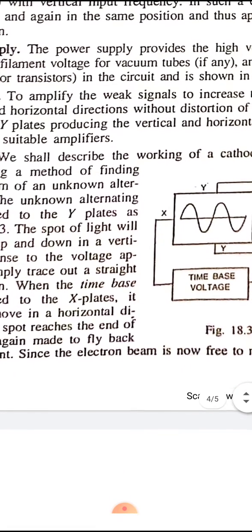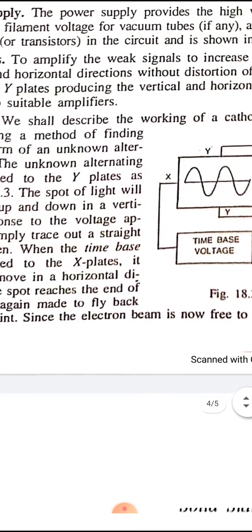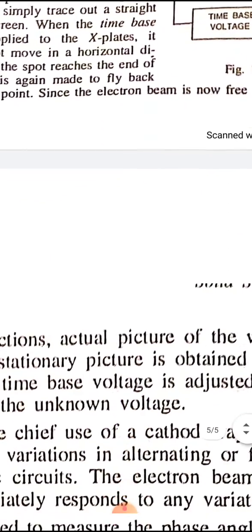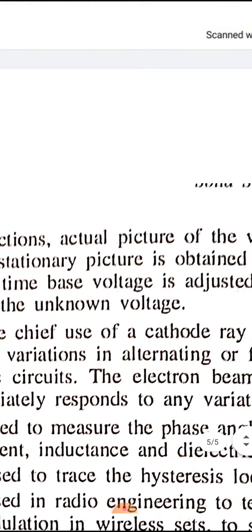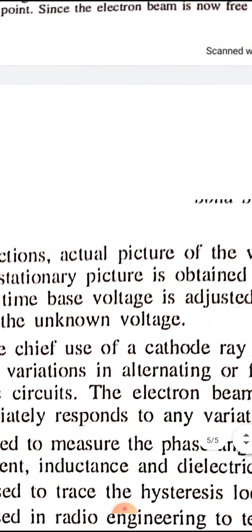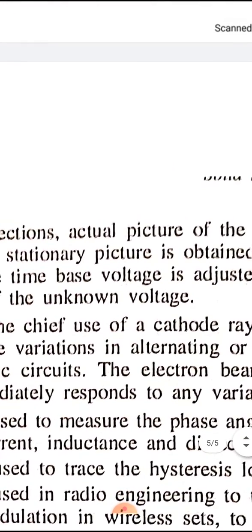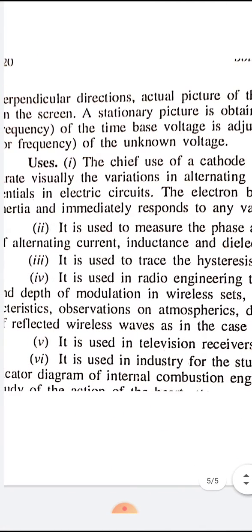Since the electron beam is now free to move in a perpendicular direction, the actual picture of the waveform will be formed on the screen. A stationary picture is obtained when the time period or the frequency of the time-base voltage is adjusted equal to the time period of the unknown voltage. Then on the screen of the CR tube, a stationary pattern appears.